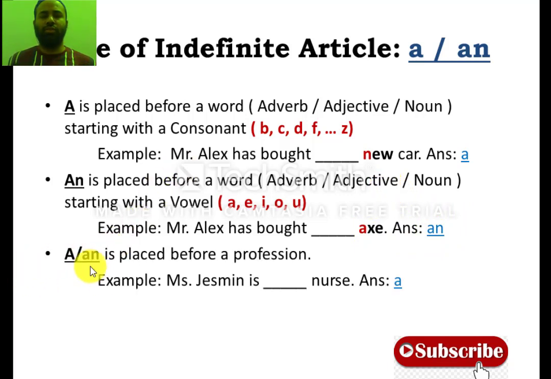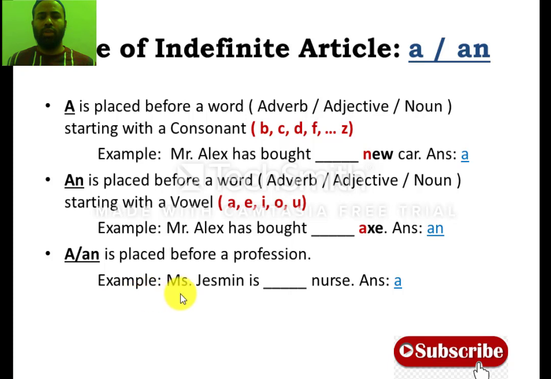The next option, a or an. The first two options are normal options, and these options are based on consonant or vowel. But from now, a or an is placed before a profession.